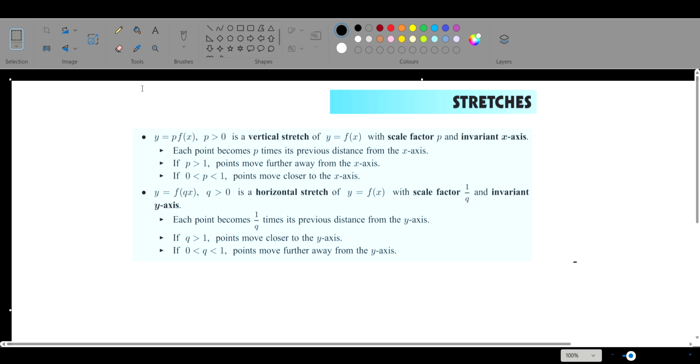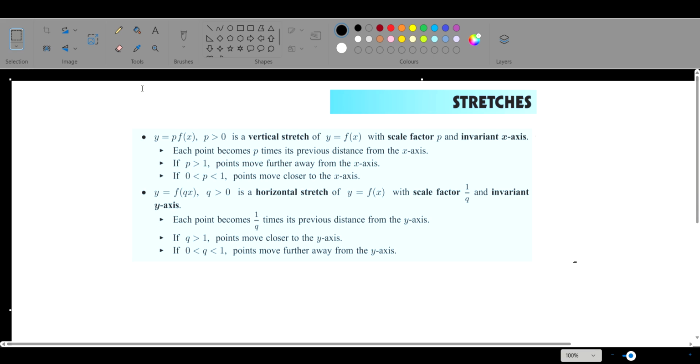This is my original function, a simple quadratic function. Now I want to do the vertical stretch. Now see the magic. I'll multiply it by 2: 2x square. You can see the blue line is representing 2x square.